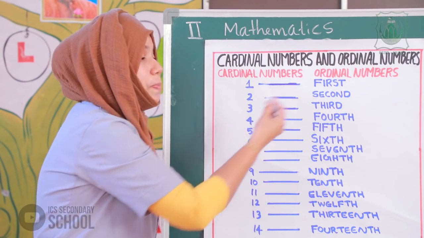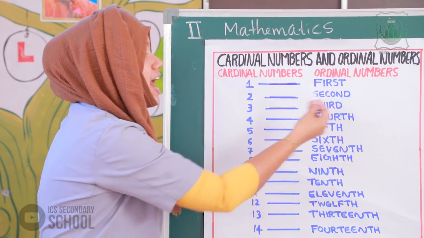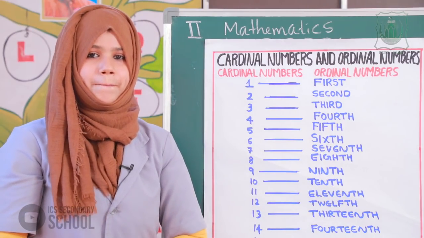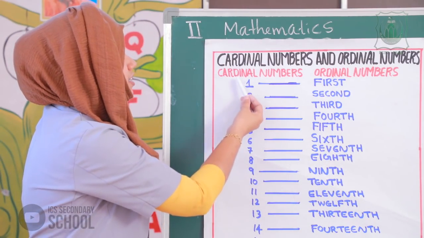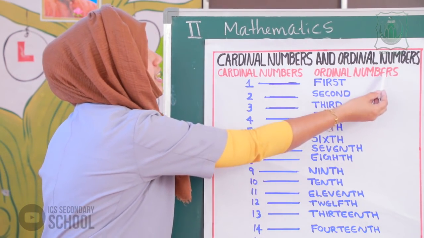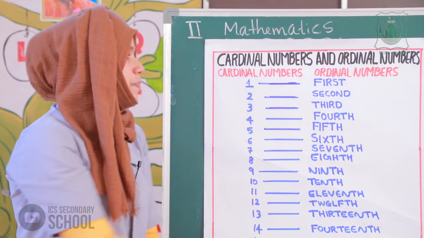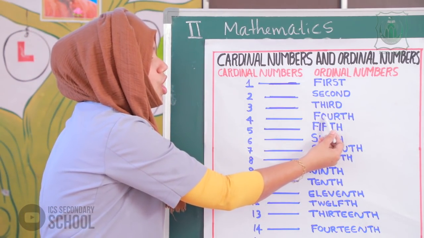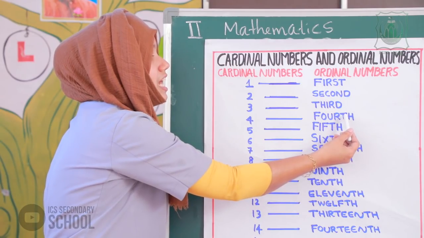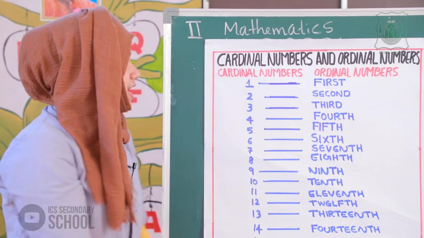What is the spelling of third? T-H-I-R-D. Okay, and cardinal number 4 and the ordinal number is fourth. What is the spelling of fourth? F-O-U-R-T-H. Okay, understood?